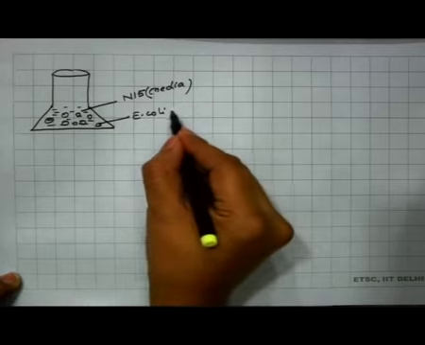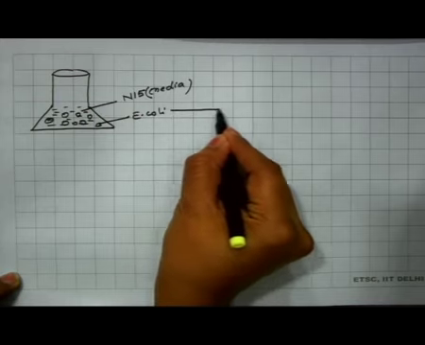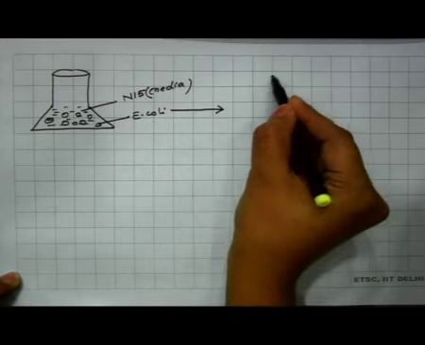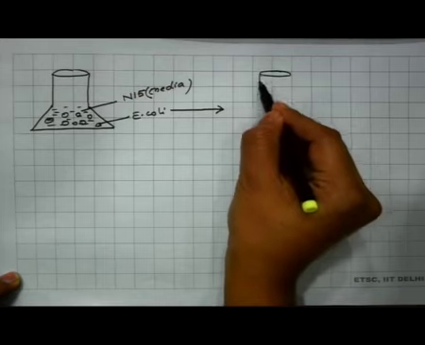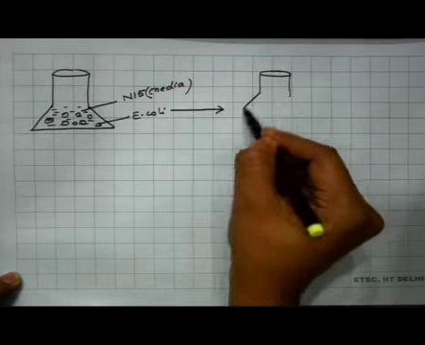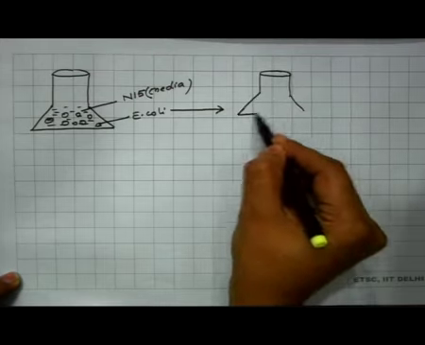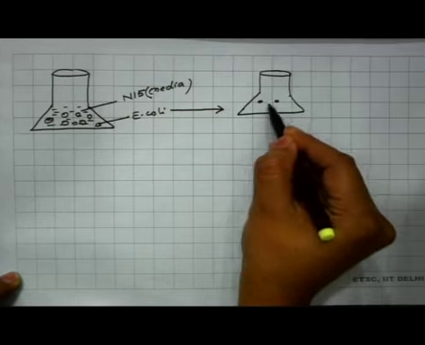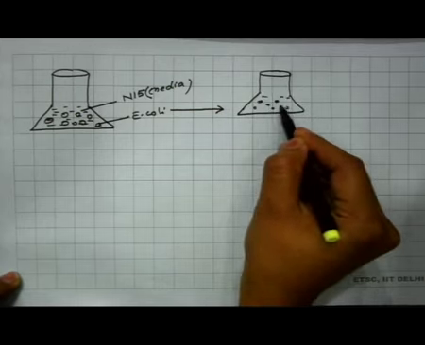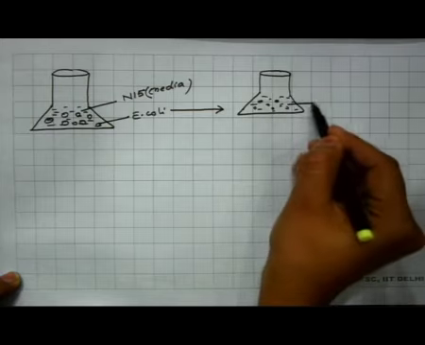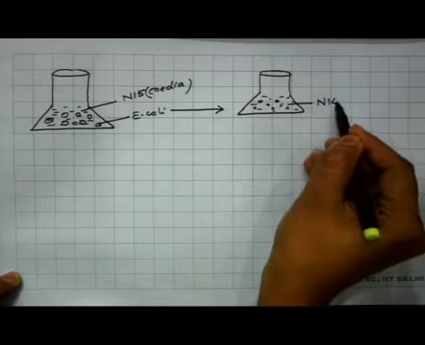After culturing the cells for many generations, they transferred the cells into another fresh media having nitrogen N14.